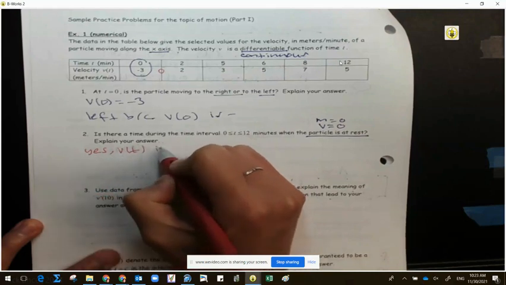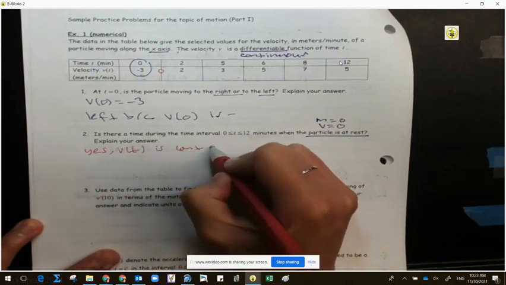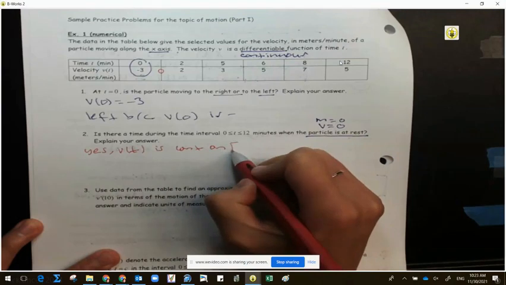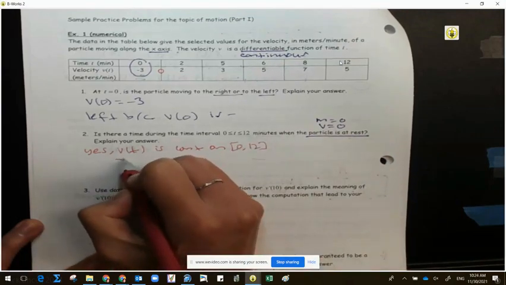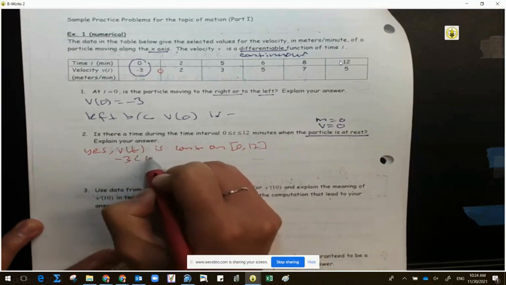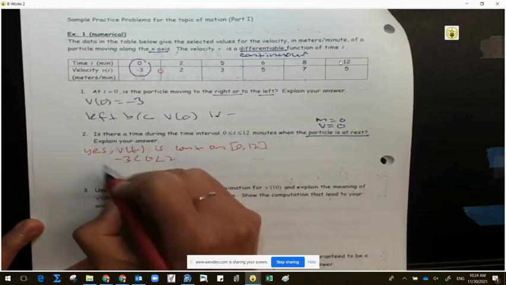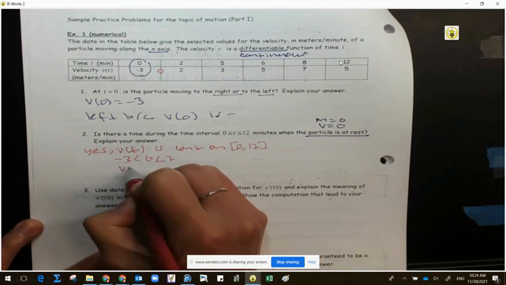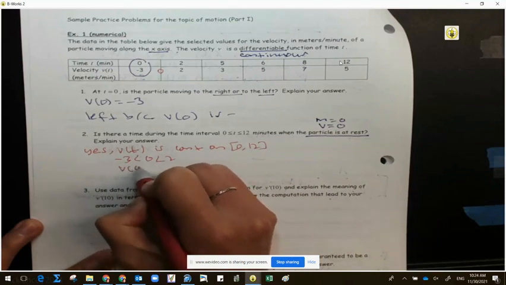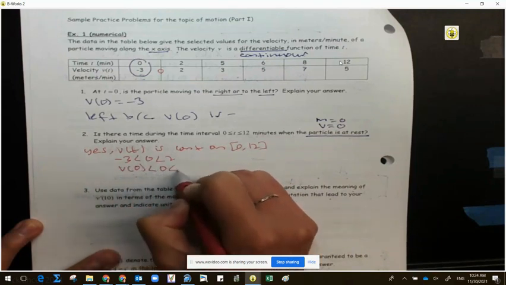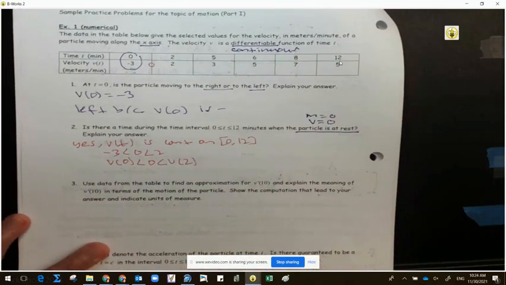V of t is continuous on the interval given, initially 0 to 12. And we want to list out where it is. Negative 3 is less than 0, less than 2. And I would write V of 0 is less than 0, less than V of 2. And that's strictly coming from the table.